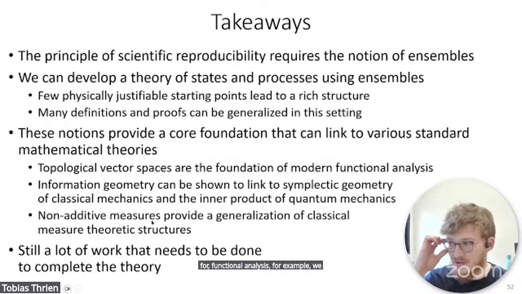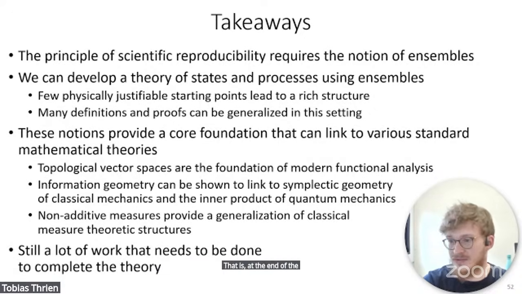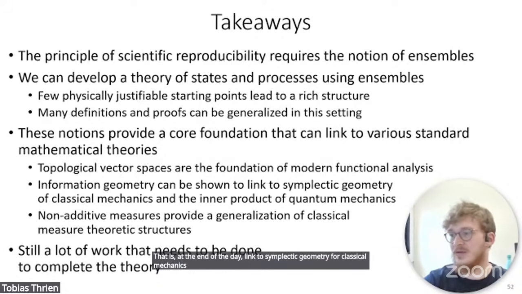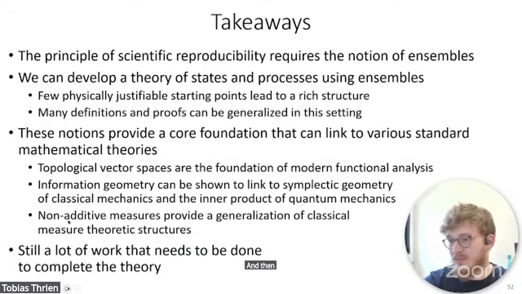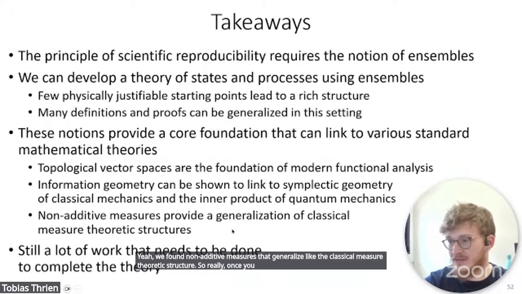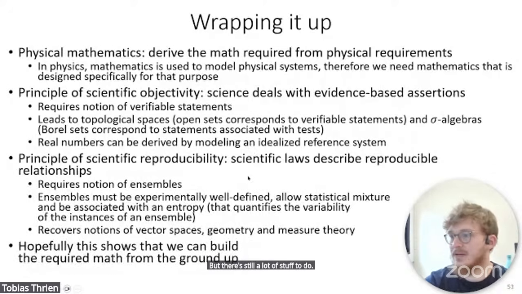We found information geometry that is at the end of the day linked to symplectic geometry for classical mechanics, for example, but it also links to the inner product of quantum mechanics. And then we found non-additive measures that generalize the classical measure theoretic structure. Once you restore additivity, everything is normal, but we have a generalization that is still based on measures. But there's still a lot of stuff to do. But yeah, we already have something quite solid.